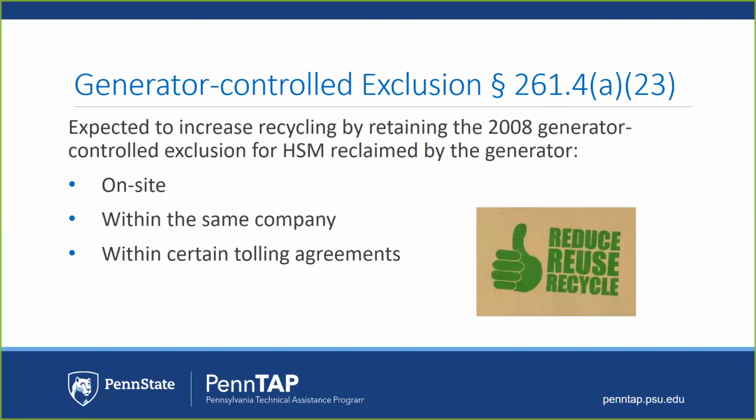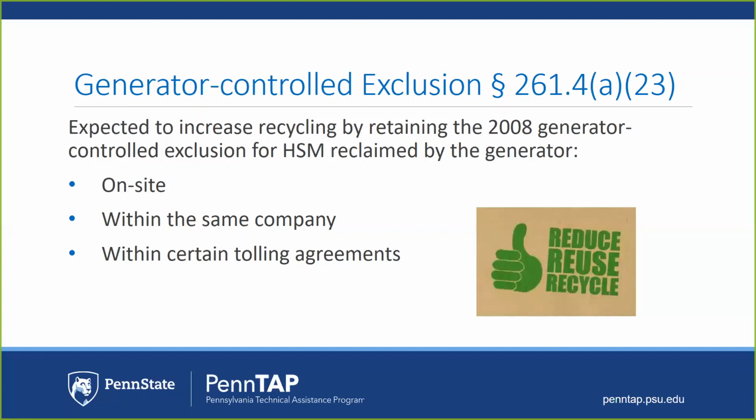Let's start with the generator-controlled exclusion. The generator-controlled exclusion is intended to increase the recycling of hazardous secondary materials reclaimed by the generator. To satisfy the definition of generator-controlled, the material must be on-site at the generating company or within the same company at a different site or controlled by certain tolling agreements at a tolling manufacturer.